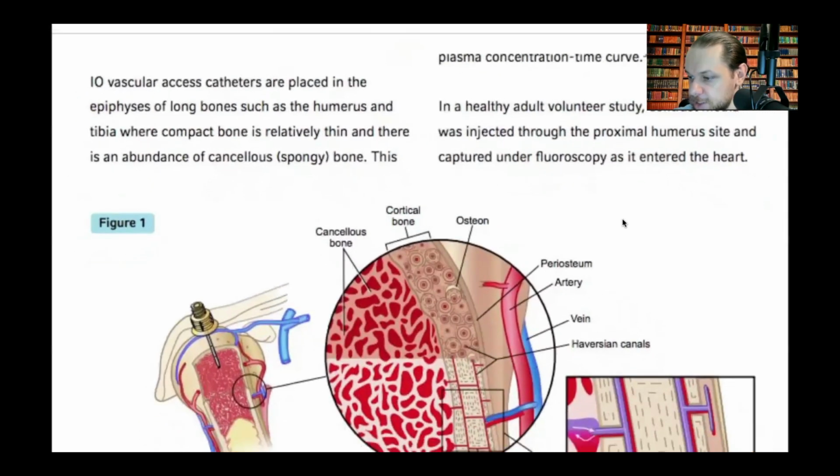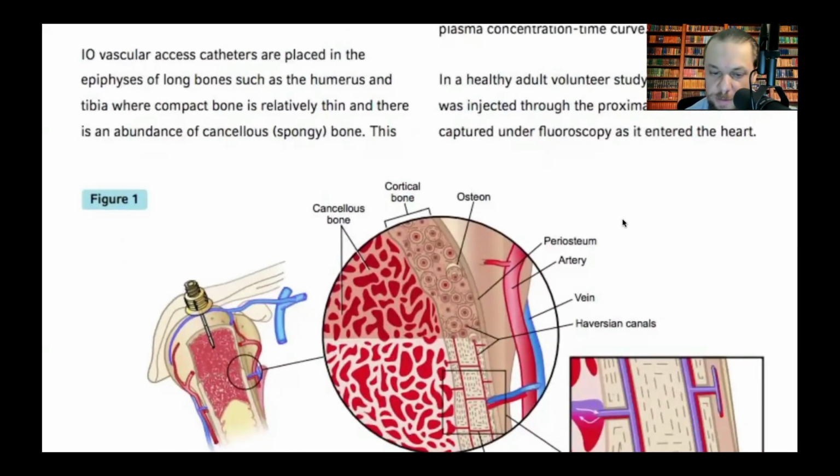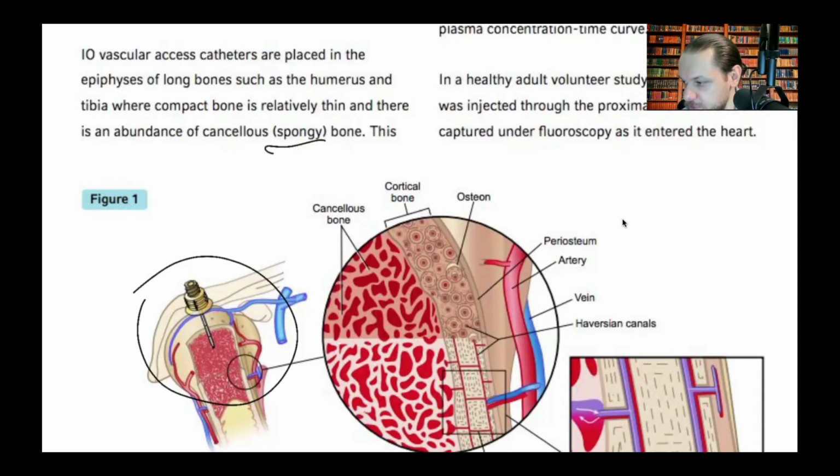This is just an image from the science of the EZ-IO by Arrow, and they show you in their manual that the catheters are placed proximally, towards the epiphysis end, the ends of the bones. Why? Because they're more vascular here and have an abundance of spongy bone, or trabeculae. Here you see all the arterial and vein supply.